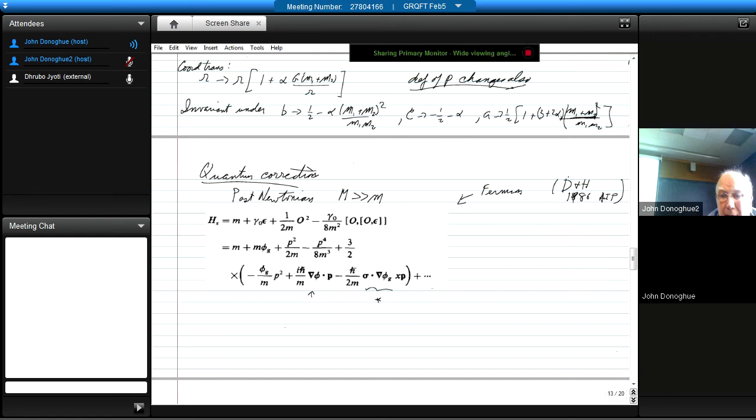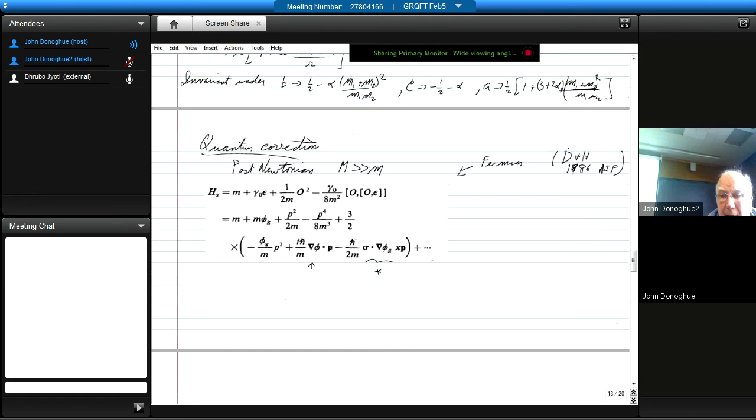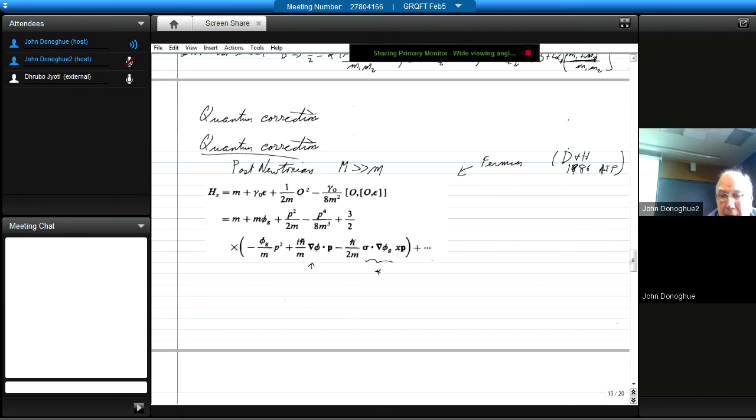It's the sort of fluctuations in the gravitational field. Anyway, I know of no good use for that, but since we're doing field theory, that's relevant. Okay, I'm actually going to stop there.